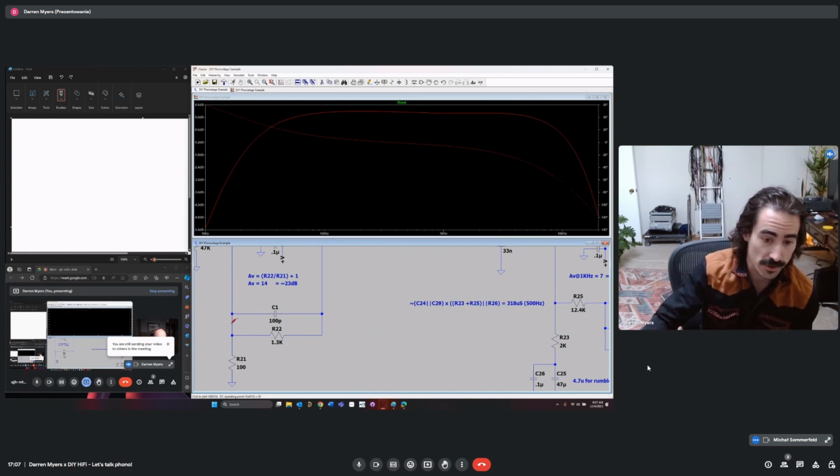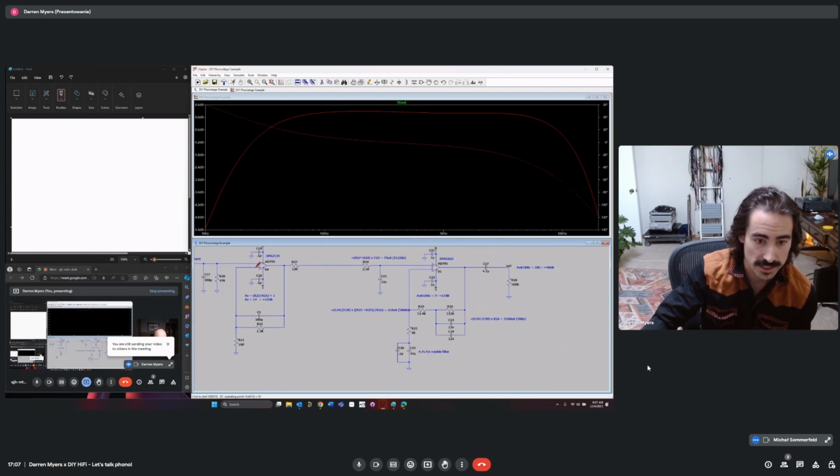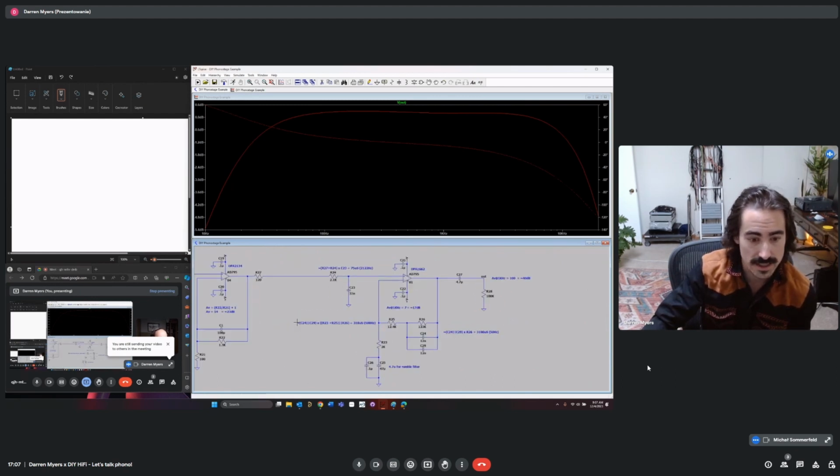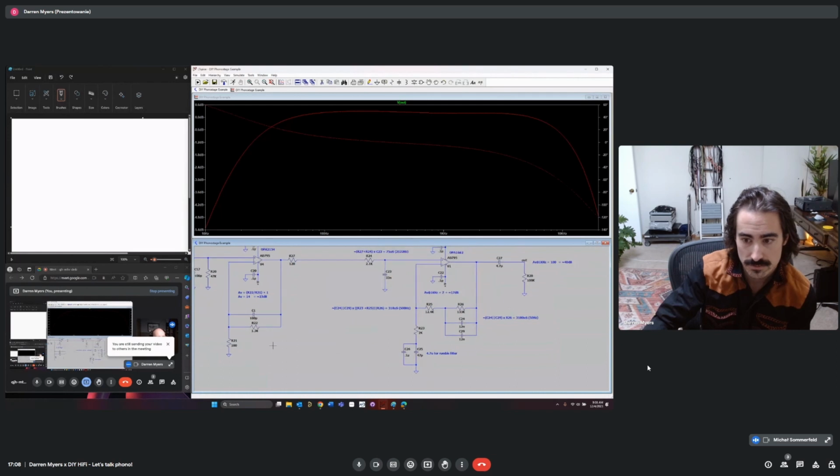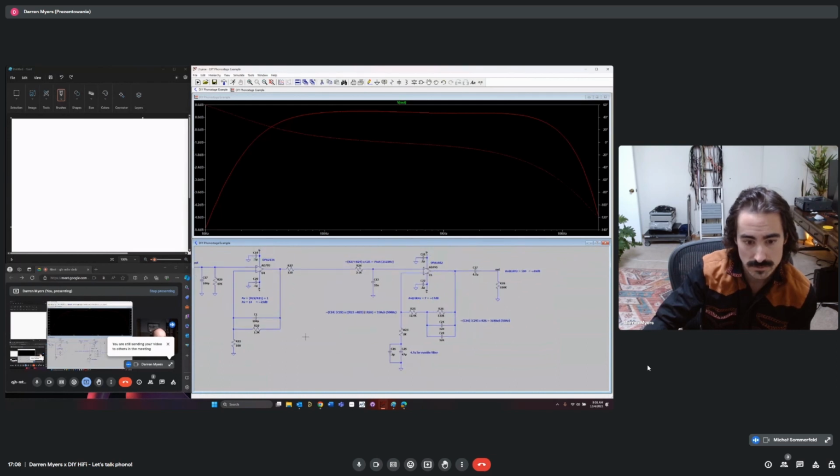If we look versus frequency, it is going to be the combination of these two resistors that makes up the overall impedance seen on this node, which is the input of the amplifier. So that is why R21 dominates.